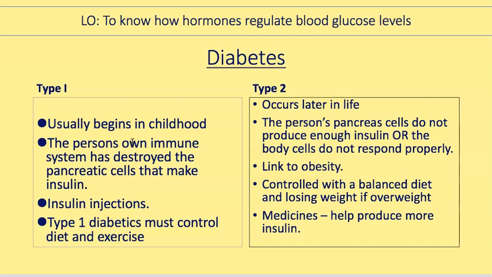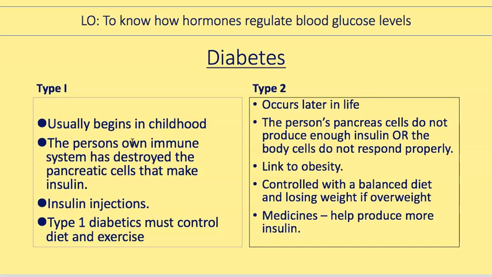So type 1 is when the person's own immune system has destroyed the pancreatic cells that make insulin. So your pancreatic cells do not work properly, therefore insulin is not released. This can be controlled with insulin injections, but people who are diabetic must control their diet and exercise as well, because if they're doing lots of exercise, they will need less insulin because the glucose will be being used for respiration.